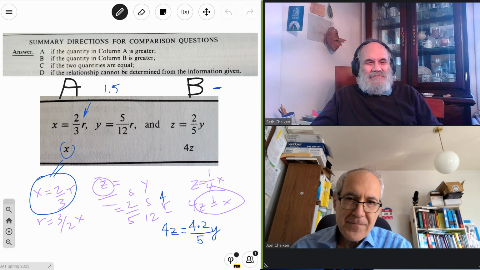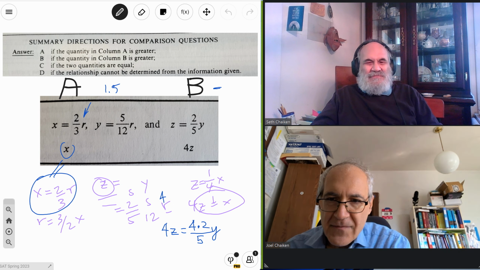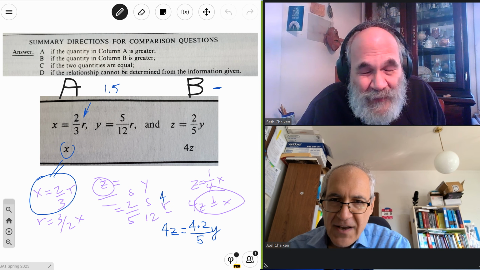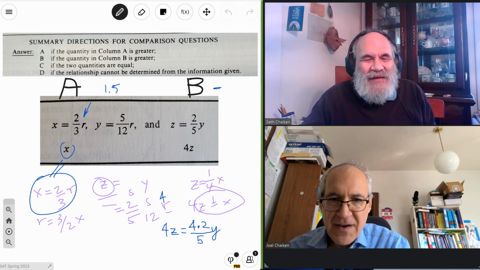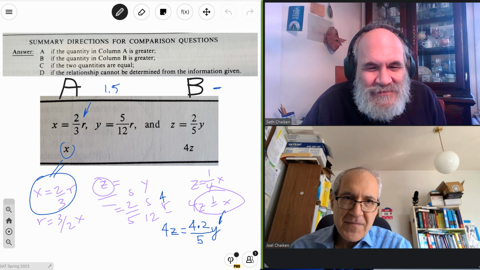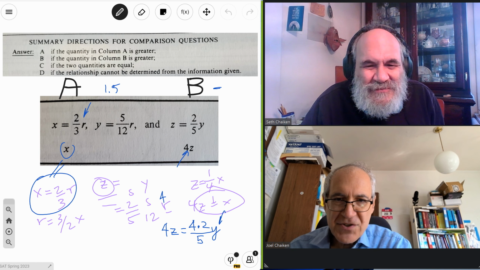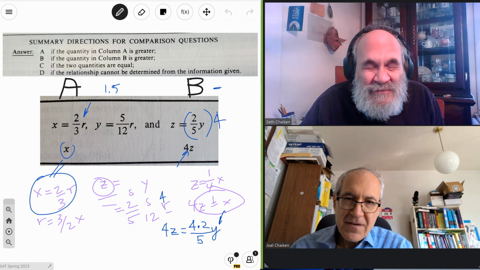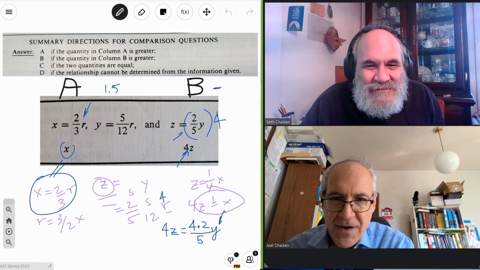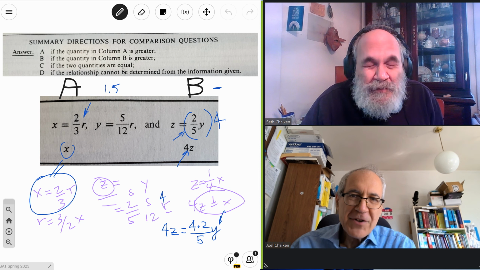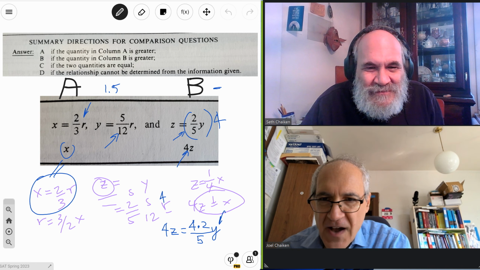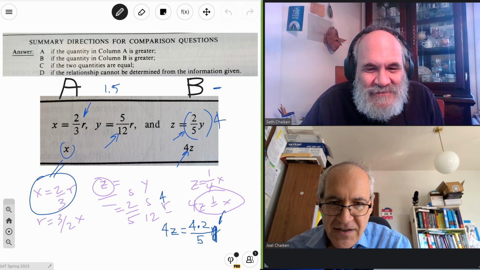Why do you know that Z is 2/5 of Y? Because they tell you Z is 2/5 Y. Oh, okay. So I multiply by 4 to get 4Z. Now Y is 5/12 R. So we take this Y and we change it to 5/12 R.